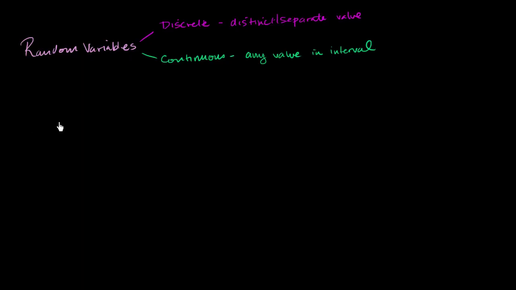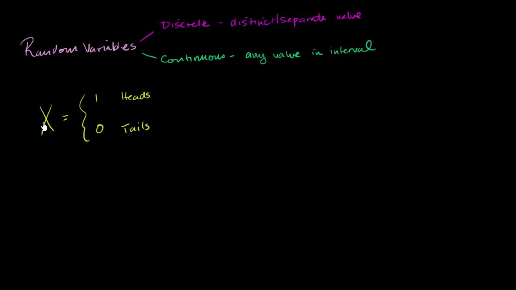So let's say that I have a random variable, capital X, and it is equal to, well, this is one that we covered in the last video. It's 1 if my fair coin is heads. It's a 0 if my fair coin is tails. So is this a discrete or a continuous random variable?